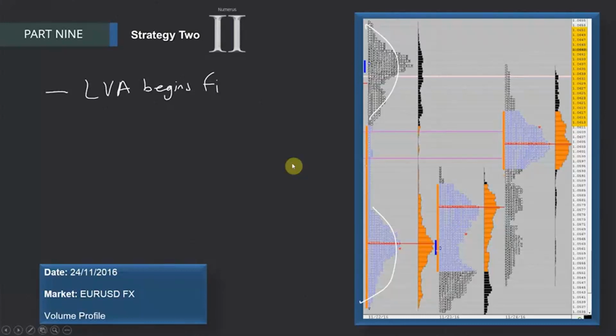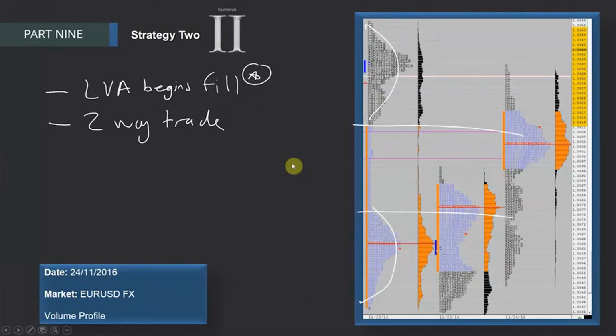This is almost our sit up straight and pay attention type clue. What we're looking for is once the market starts to fill out this low volume area, you can expect a lot of two-way trade.